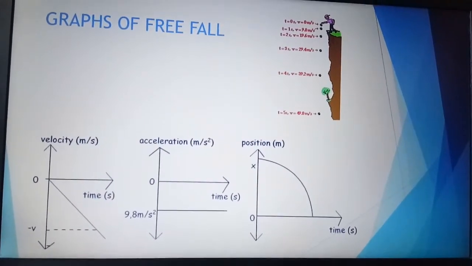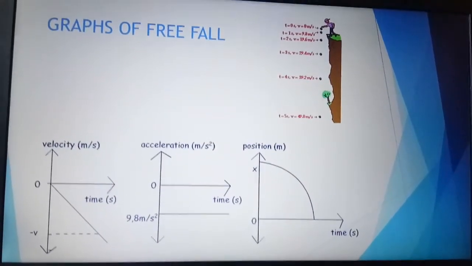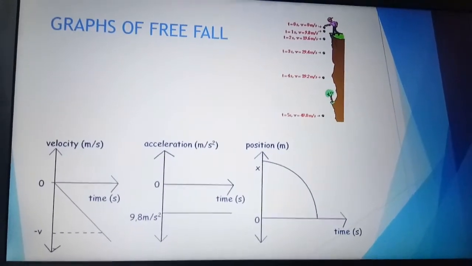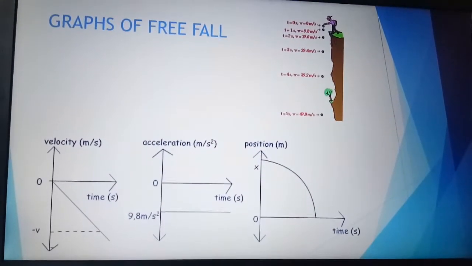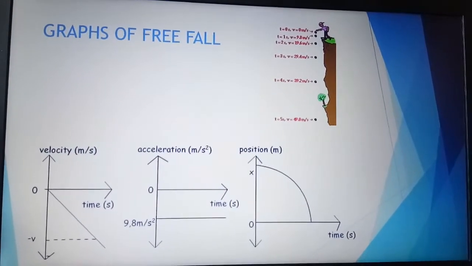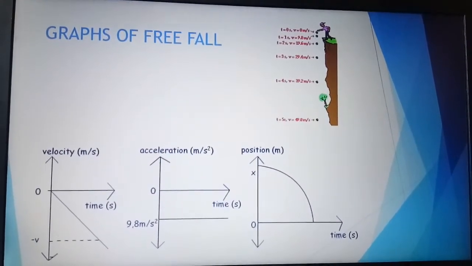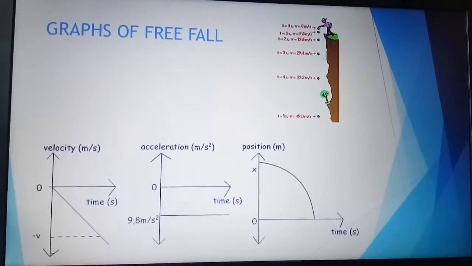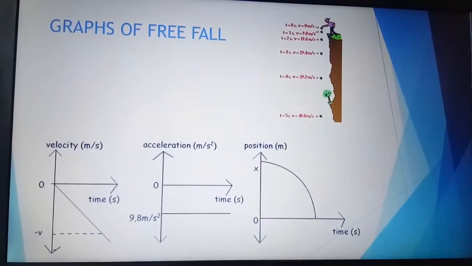So just like that, if you go on substituting the values and draw the graph, we get the graph of v versus t as a straight line graph, and it is in the fourth quadrant. Because the velocity of the falling body is along the negative y-axis, velocity is to be taken negative in the fourth quadrant.